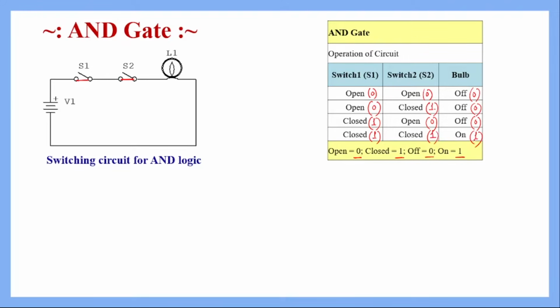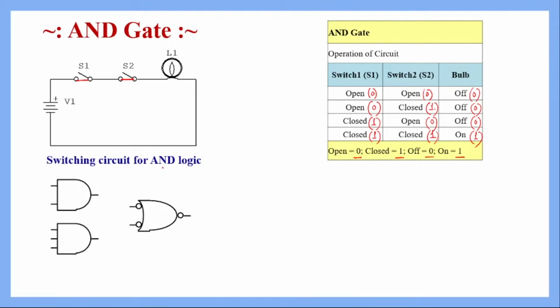So what we can understand is, if both the switches are on at a time, then only the bulb will glow when the switches are in series. But if one of the switches is open, then the bulb will not glow, and that is the operation of the AND gate, which we will understand by its truth table and circuit symbol.